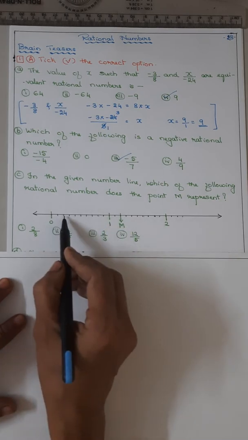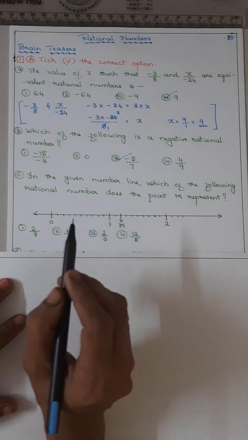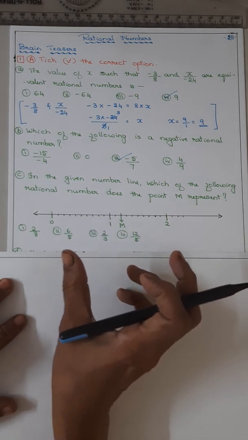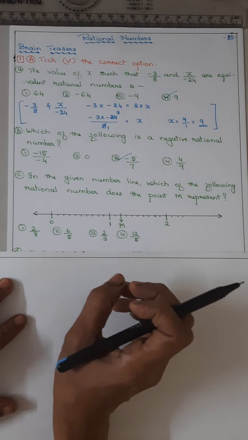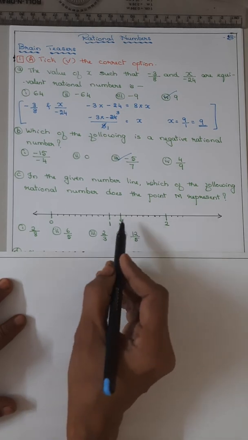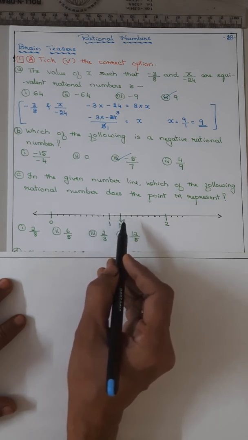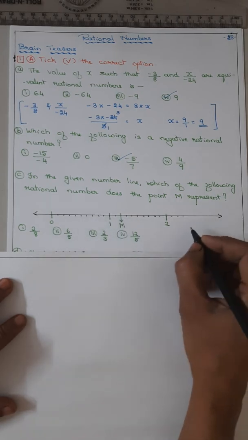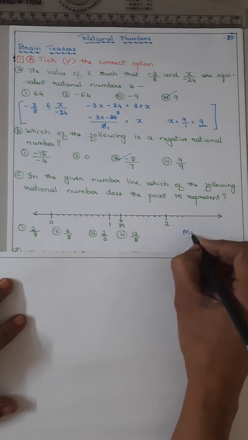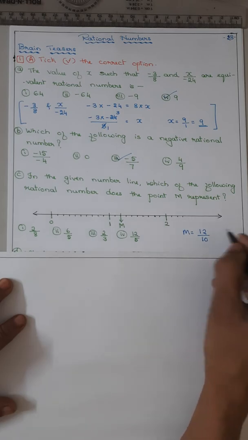So 1, 2, 3, 4, 5, 6, 7, 8, 9, 10. So 1 unit is divided into 10 divisions. So this one will be 10, 11, 12. So it became 12. M is equal to 12 upon 10, as 1 unit is divided into 10 divisions.